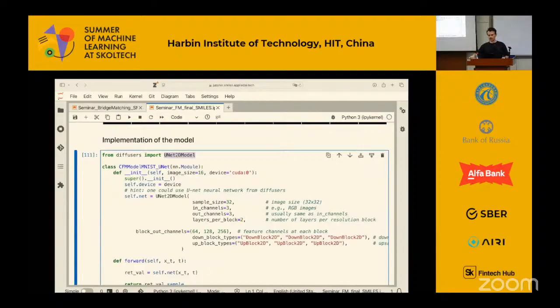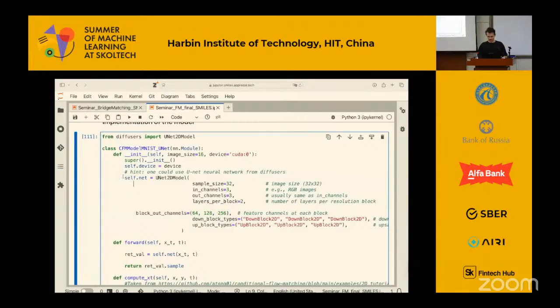If you want some kind of a baseline solution for your diffusion model, flow matching, or bridge matching that we'll talk about today, then it is a pretty good solution to take this UNet 2D model from diffusers. If you want something more hip and cool, and want a more powerful neural network, you can take a diffusion transformer, which I think is also present in the diffusers library. So check out diffusers, very good in terms of neural networks, and you can very easily just import it and everything will be all right.